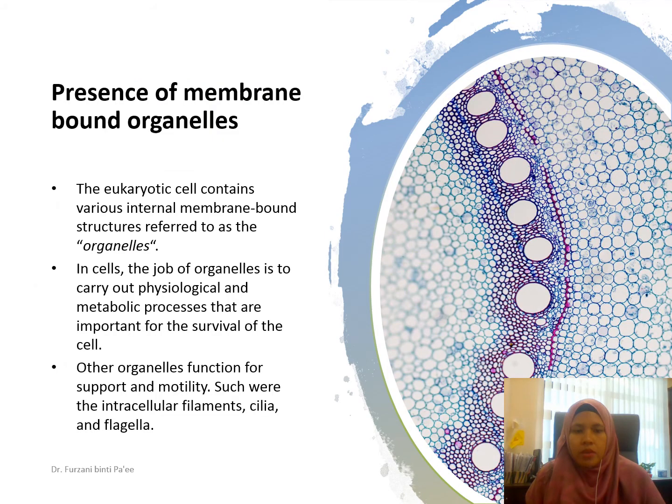Okay, so there are a few characteristics of the Eukarya. So they have membrane-bound organelles. Okay, so in contrast, the prokaryotes don't have membrane-bound organelles. The prokaryotes have very few organelles and they do not have membrane-bound organelles. But for eukaryotes, they have a lot of organelles, and each organelle is membrane-bound, okay, to protect them.